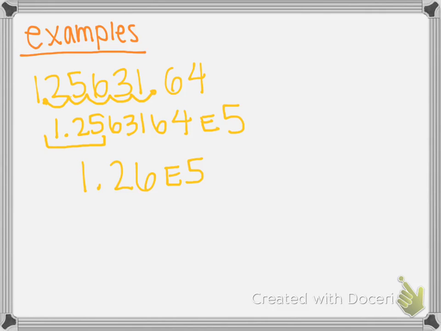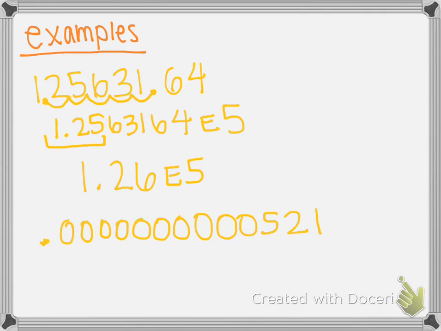And another example, let's say you had 0.0000000000521. Okay, instead of writing that number out every time because that's just going to take forever, put it into scientific notation. And so you want the decimal place right there.